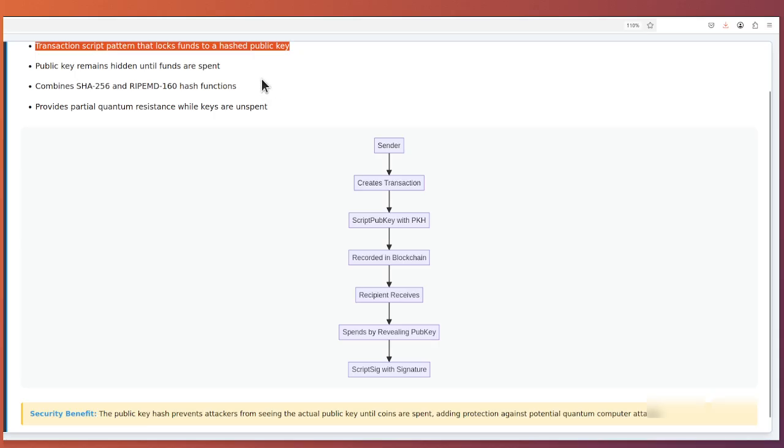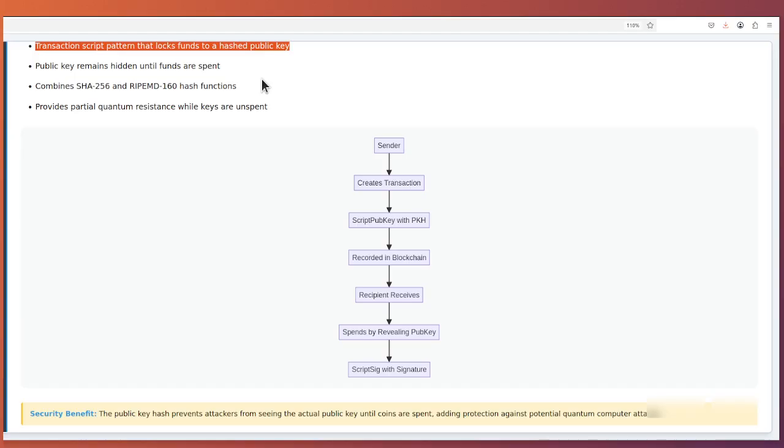The fundamental concept behind P2PKH is layered cryptographic protection. When you want to receive Bitcoin, you don't expose your actual public key in the blockchain until you spend those coins. Instead, what gets recorded in the blockchain is a cryptographic hash of your public key, combined with some additional data to form what we call a Bitcoin address.